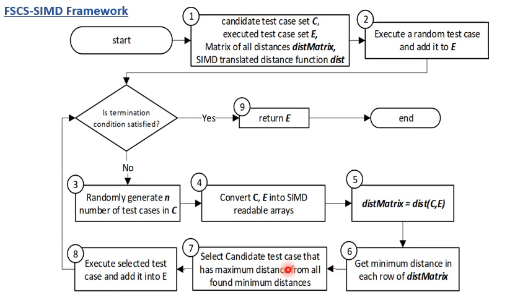This value represents the candidate whose nearest neighbor is at the furthest distance from the nearest neighbors of other candidates. The corresponding test case from C is selected as the best candidate test case, C best. In step 8, the best candidate test case is executed and added to E. The process from step 3 to step 8 is repeated until the specified termination criteria is reached, and E is returned, which is the final step.